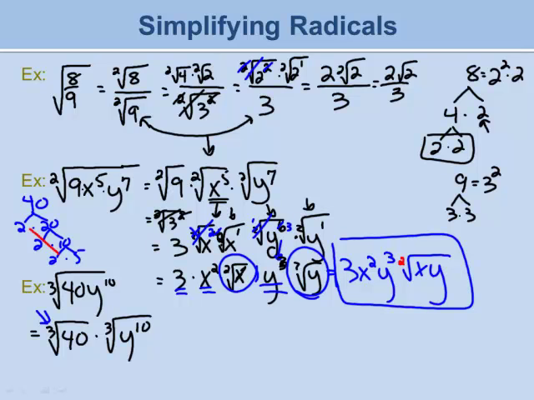Notice that this factor of 2 does appear 3 times, and then you have that 5 left over. So 40 is the same as 2 cubed times 5. That's how we're going to rewrite it: the cube root of 2 cubed times the cube root of 5.